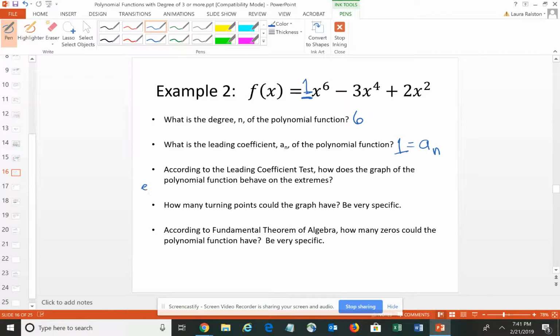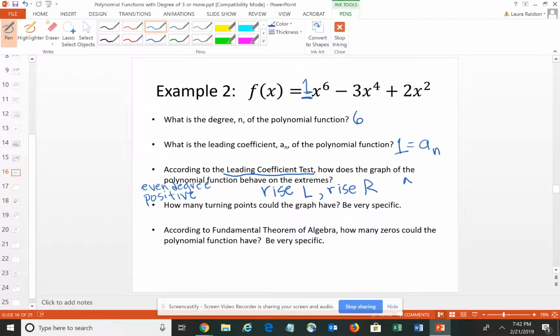So I have an even degree and a positive leading coefficient. And so if I go back and look at the rules for the leading coefficient test, you may want to make notes about what those 4 options are. It's going to rise on the left and rise on the right.